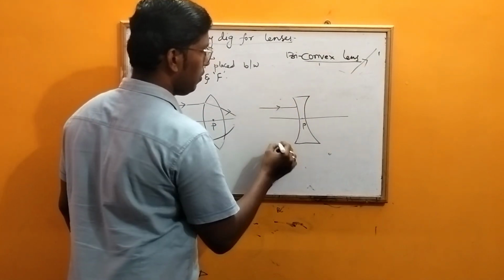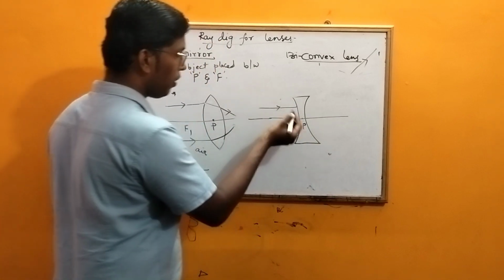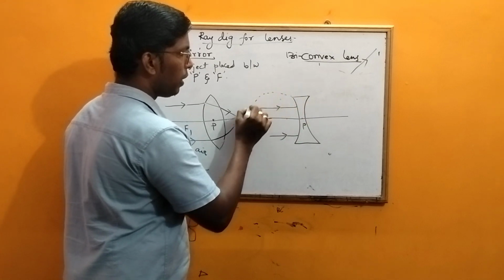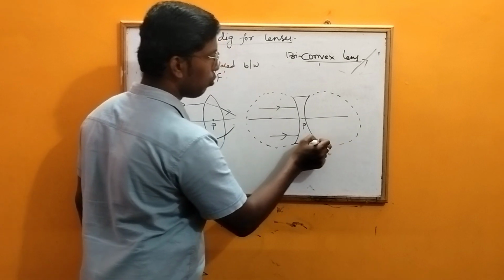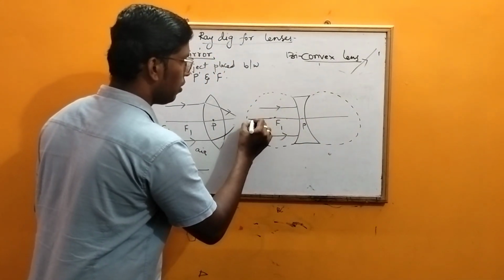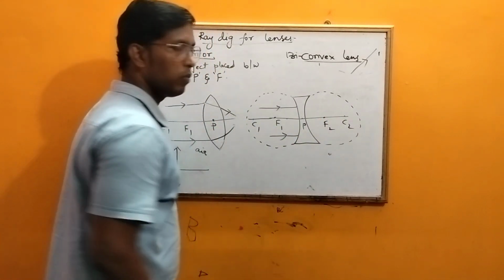When a light ray travels parallel, here also same. Here, I have told you there are two surfaces. Even for a biconcave lens, how many spheres are we getting on both sides? Two, right? So F1, C1, F2, C2. Clear?